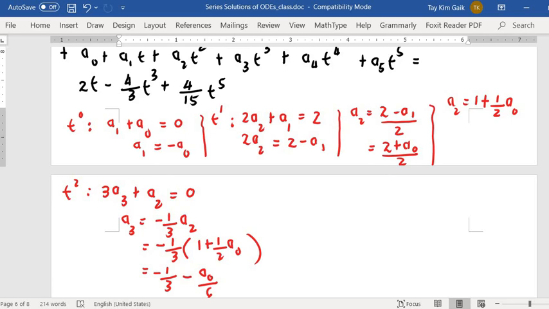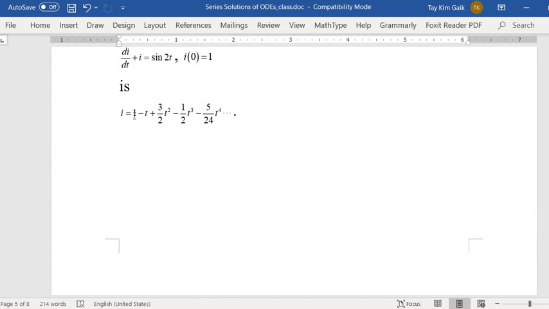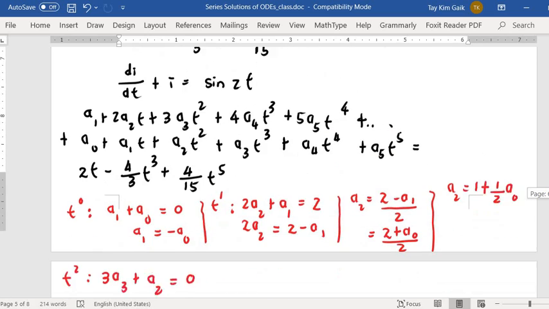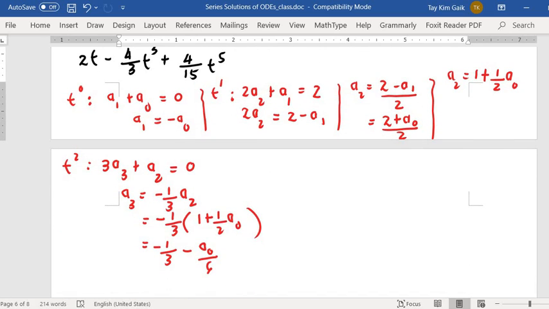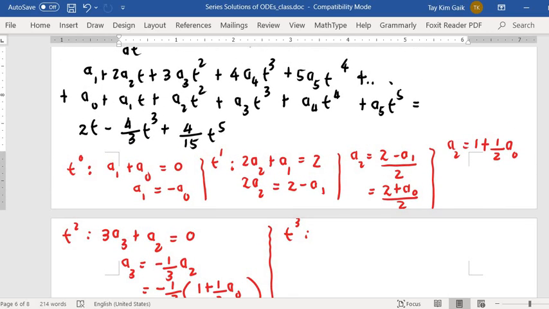So we got, let's see, the question 1 up to how many terms? A0, A1, A2, A3. I need one more, A4. So t power 3. We need up to A4 term. T cubed, 4A4 plus A3 equal to negative 4 over 3.